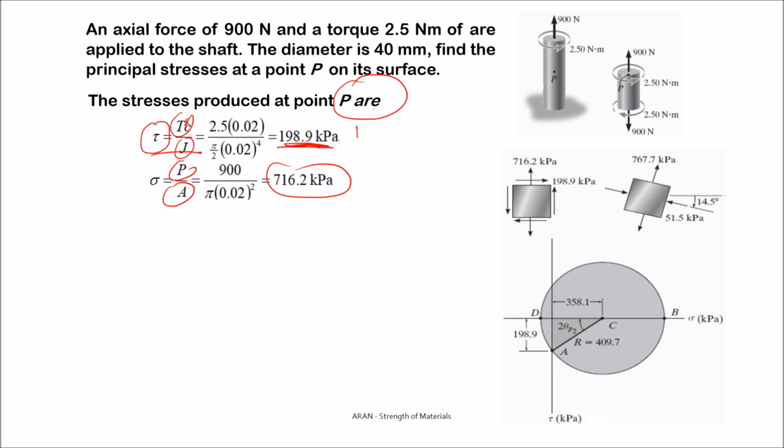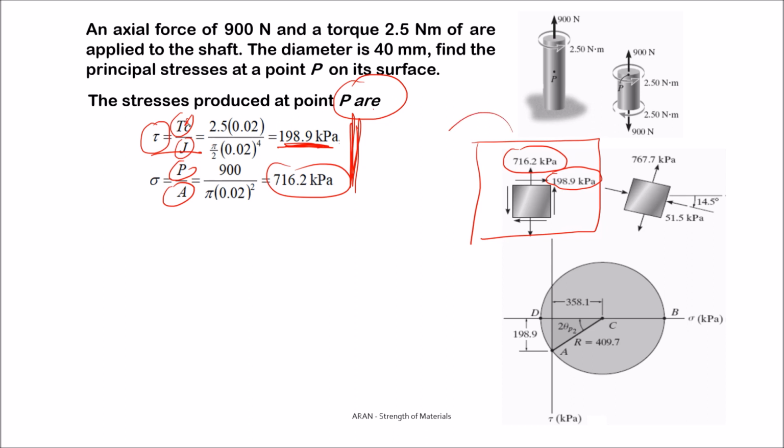These are the acting stresses on the surface, and this corresponds to the element. 716 normal, 198 is the shear. So the question is, find principal stresses.